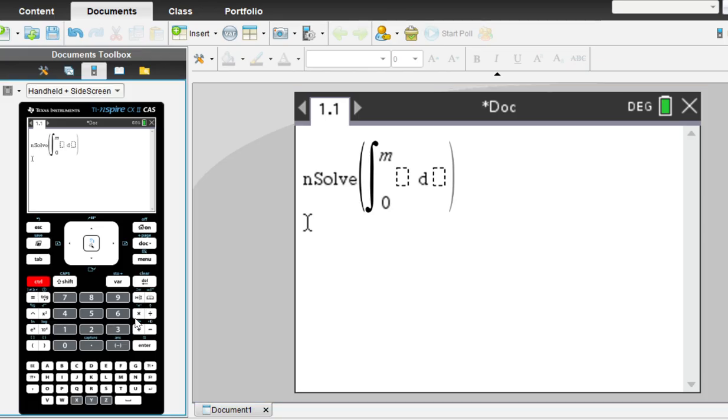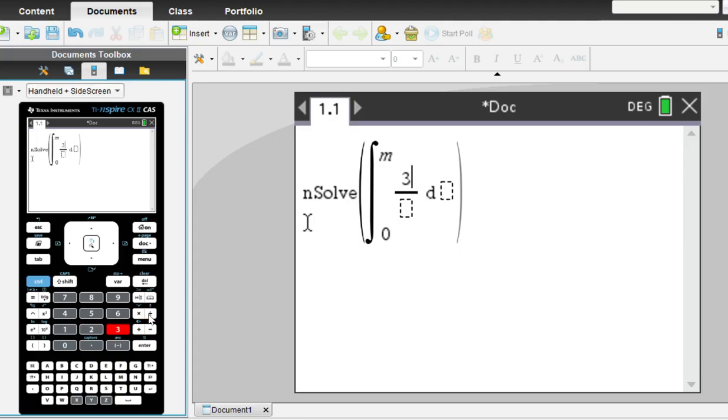There we go. So 3 over 64x. Now we're going to open a bracket up here, and we've got (4 minus x), all squared, power of 2. So what do we want to do with this? We want to make this equal to a half, 0.5.